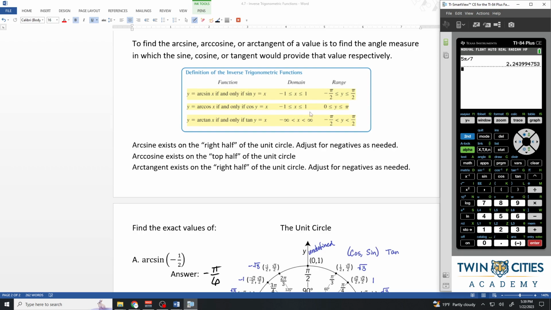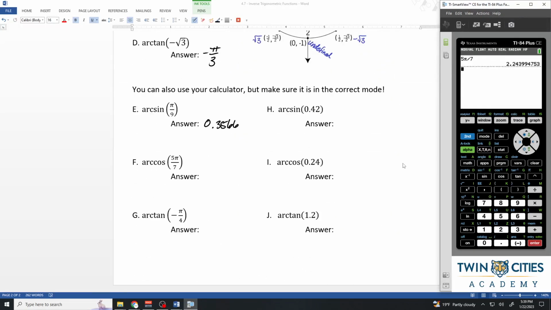Okay, so my domain is from -1 to +1. That's where x can exist. But this is 2.24 if I actually find what 5 pi over 7 is. That's far greater than 1. So this is outside my domain. I can't actually do the arccosine of this. So this is going to be undefined. Okay, so we get an error there.